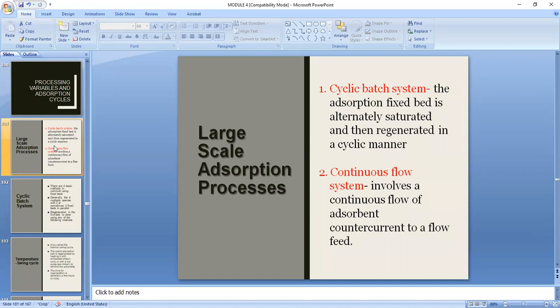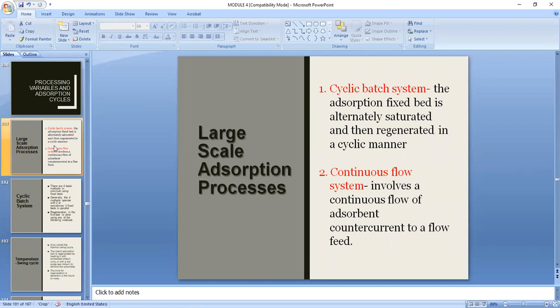Meaning we pass the feed to be treated through it. Then once the adsorbers are saturated, they are regenerated. Then once regenerated, they are used again. So that is why it's a cyclic process. It's saturated, then regenerated, then saturated again, then regenerated.